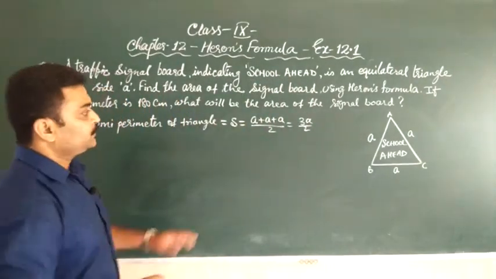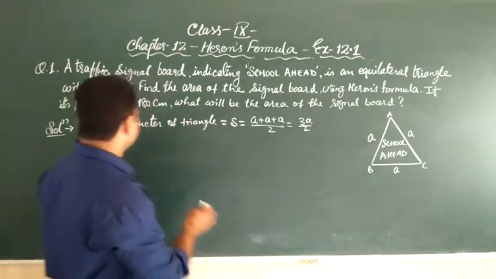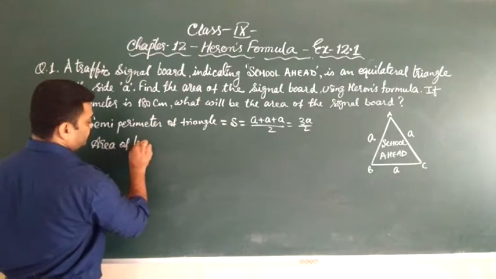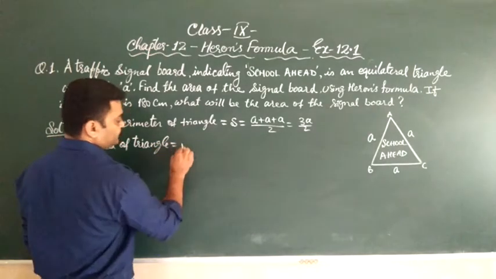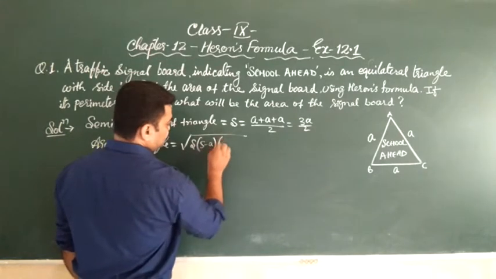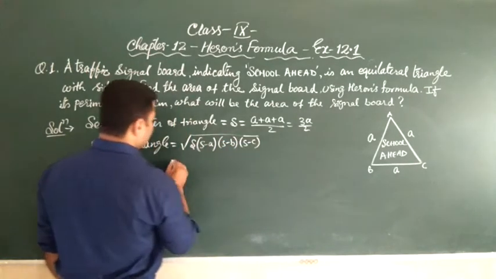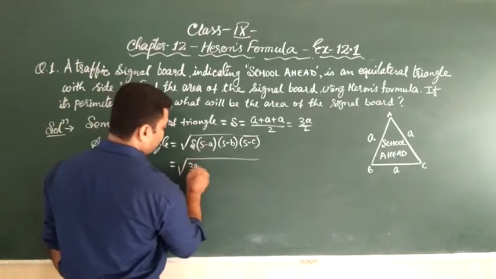Okay. Now we have S, so we can find the area of the triangle, which is equal to the square root of S into S minus A, S minus B, and S minus C. Now put the value of S, that is 3A upon 2.